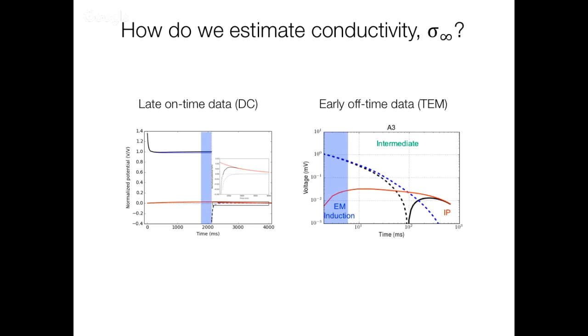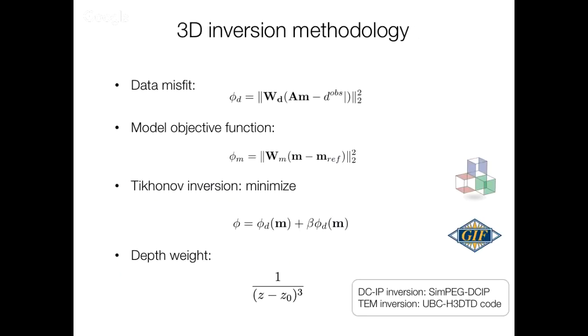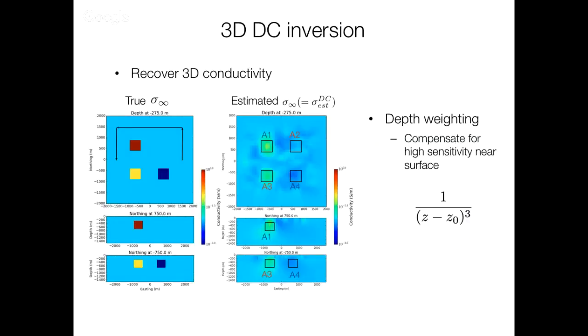But the other thing is that if we come back to our time domain problem, we just said that at early time, these things aren't affected by IP. So I could use early time domain EM data to recover a conductivity. So that's actually what I'm going to do as a 3D inversion methodology, which is basically what we do.